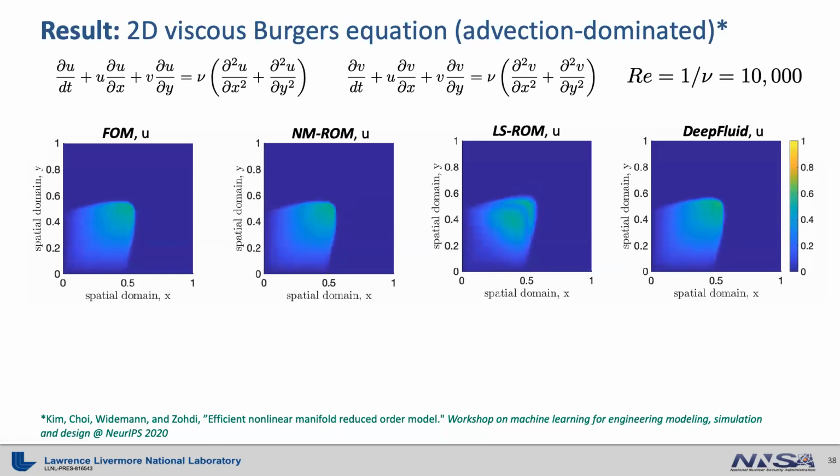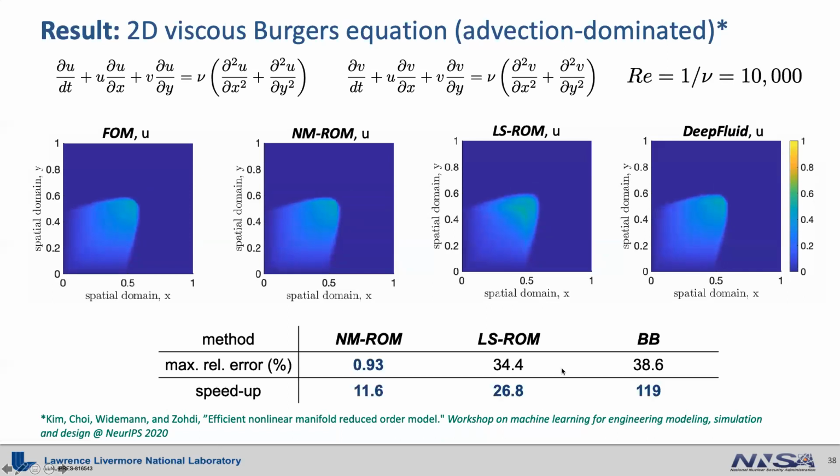The 2D example was the larger scale problem, and the other example was the 1D purely nonlinear convection problem. We found that as we increase the problem size from 1D to 2D, the performance of the NM-ROM was actually better. For the 1D problem, NM-ROM was only getting a speedup of around 2, but for the 2D problem, we were able to get a speedup of 11.